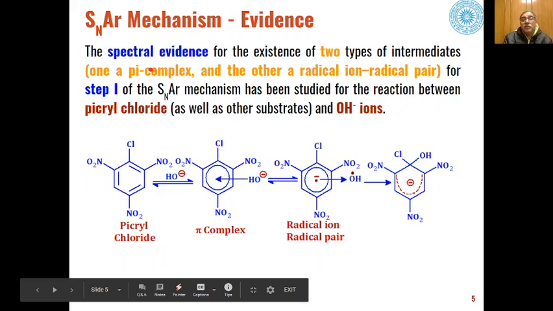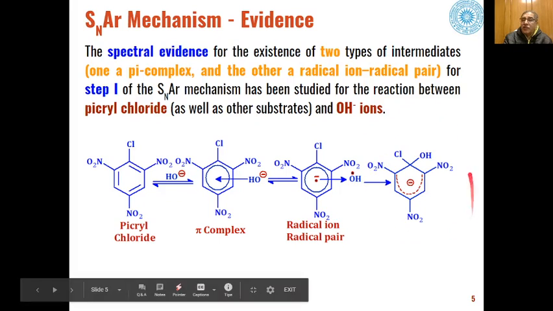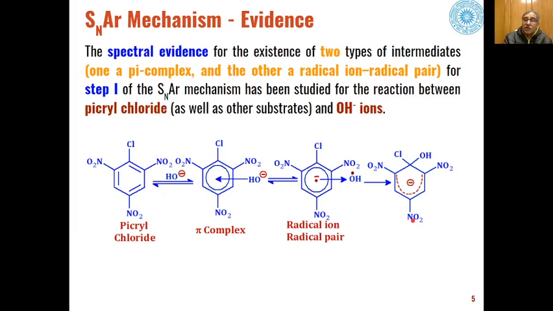Then there is another spectral evidence for the existence of two types of intermediates in the first step. Either a pi complex is formed, or that pi complex is then transformed into a radical ion radical pair intermediate, which ultimately leads to the formation of the intermediate complex formed in the first step.